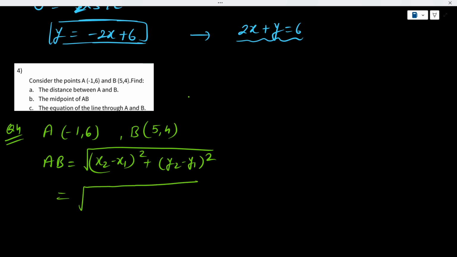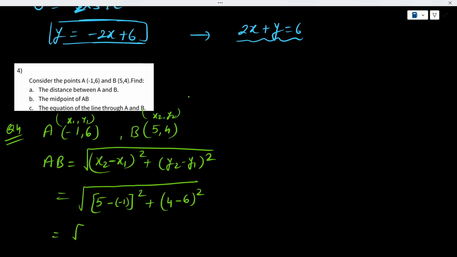So if I take this as x1 y1 and this as x2 y2, what can I take here? 5 minus of minus 1 whole square, because of the subtraction sign and x1 is -1, plus y2 is 4 minus 6 whole square, right?